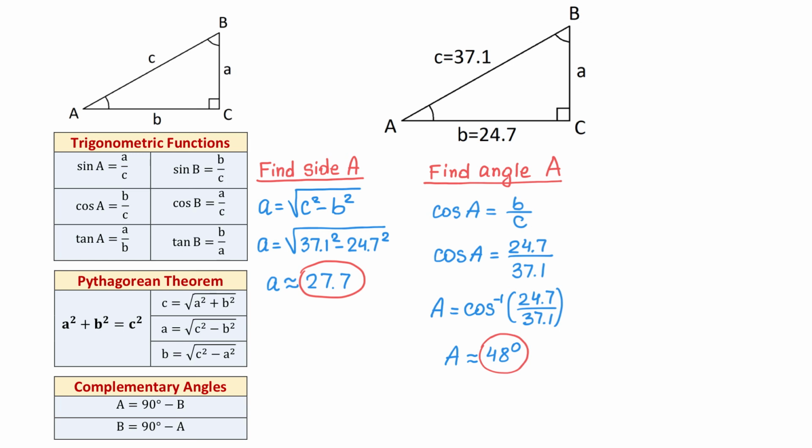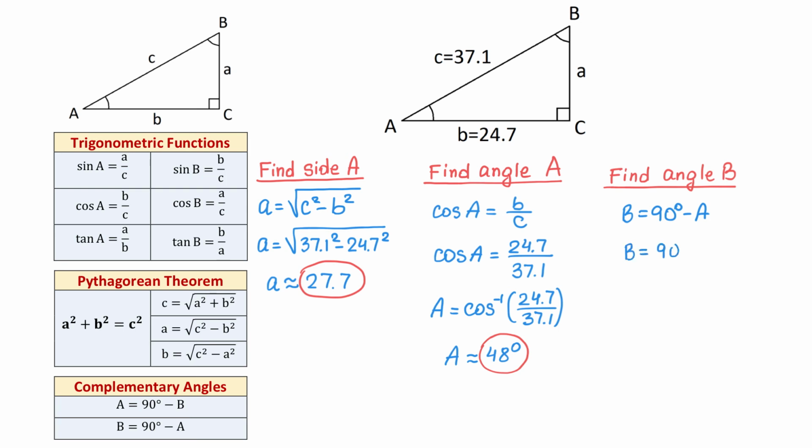And now what we have left is to find angle B, and for this we could either use any of these trigonometric functions, or we can use B equals 90 degrees minus angle A. I will use B equals 90 degrees minus angle A, and I will replace A with 48 degrees.